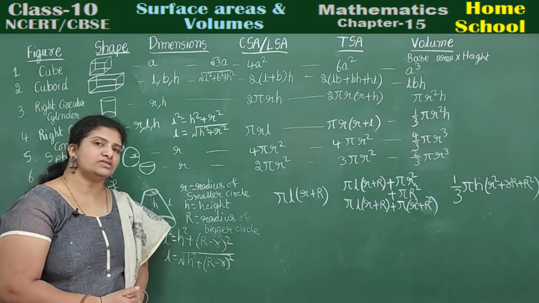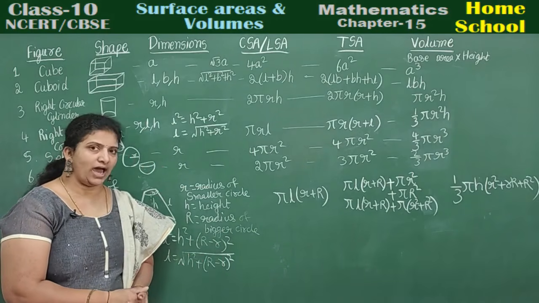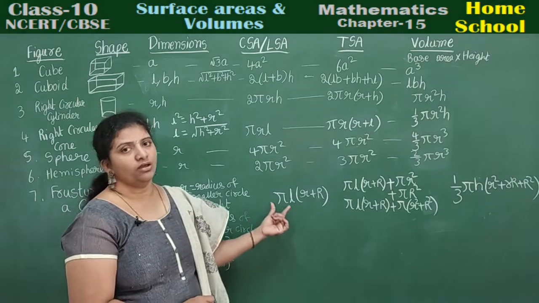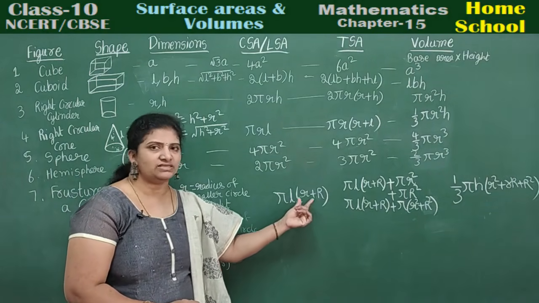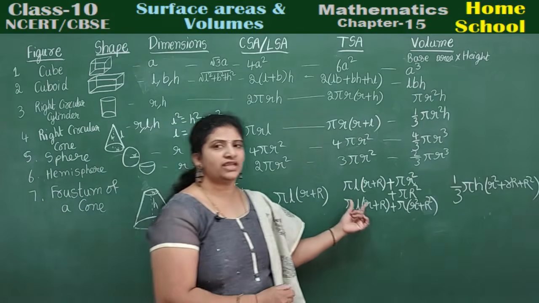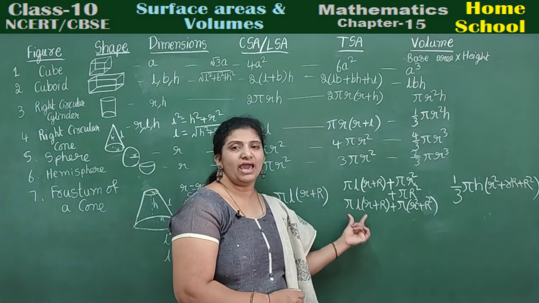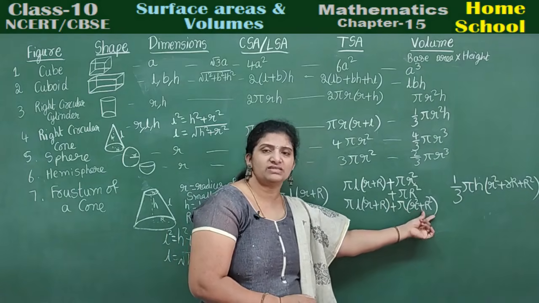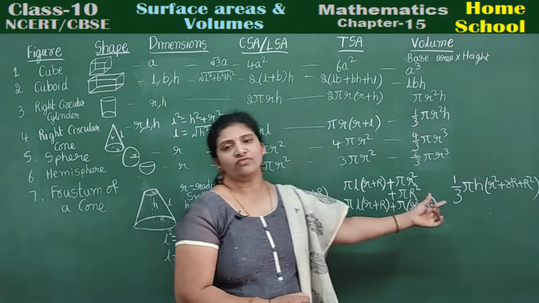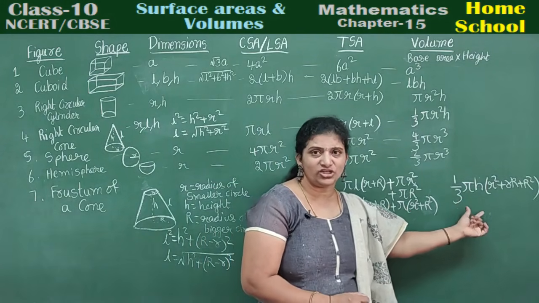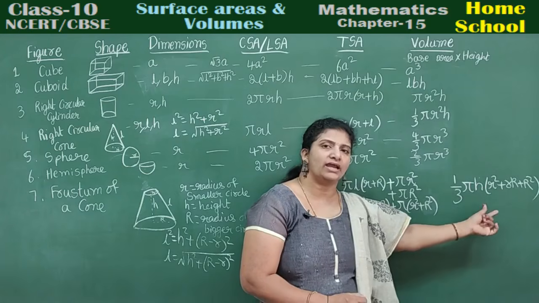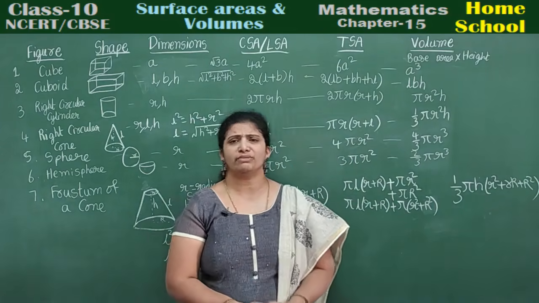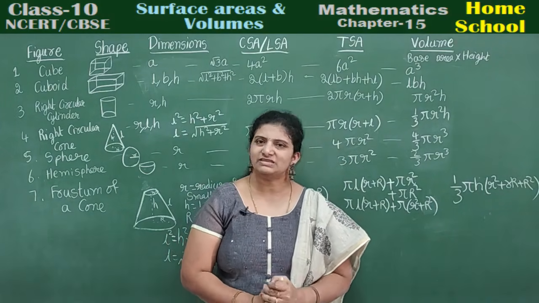Here we have two radii, small r and capital R. CSA of a frustum of a cone pi L into (small r plus capital R). Total surface area of a frustum of a cone pi L into (r plus R) plus pi into (r square plus R square). Volume of a frustum of a cone 1 by 3 pi H into (r square plus r R plus R square). These are all the formulas you should remember perfectly to do this chapter.